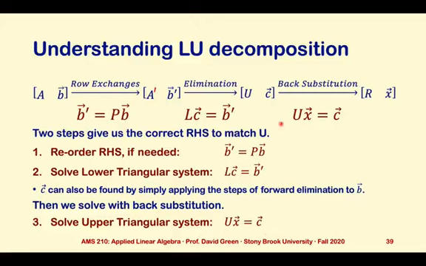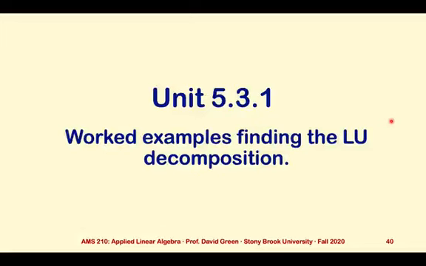And so what LU decomposition is really doing is giving us a quick way to reconstruct the needed right-hand side for any given right-hand side, the right-hand side that we need to start back substitution, and then we're left only with the problem of solving back substitution. Hopefully that's given you some insight into how we can use LU decomposition to solve problems.